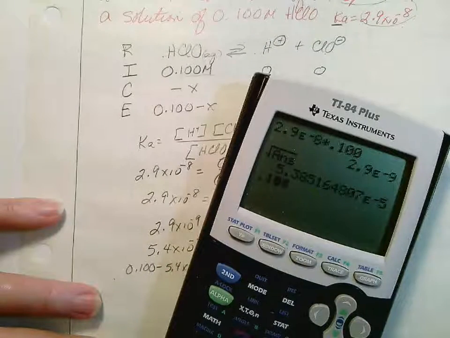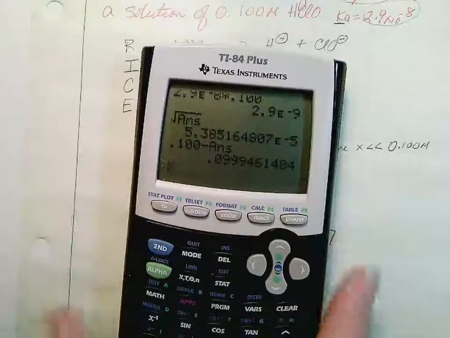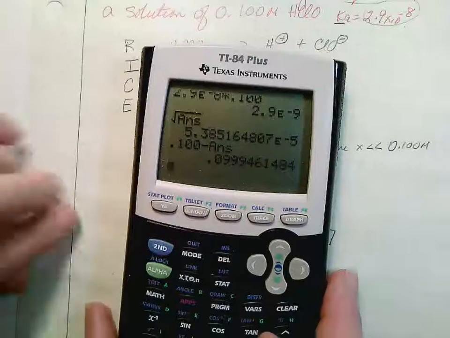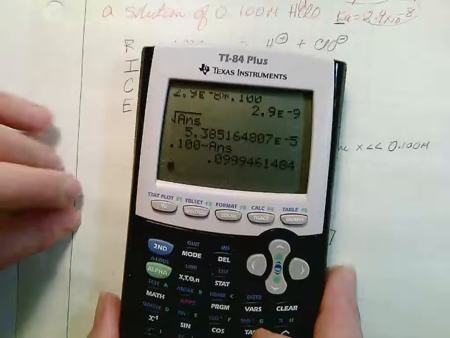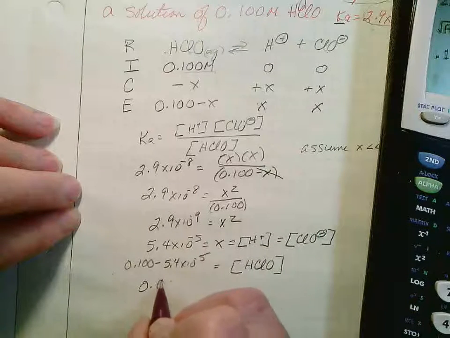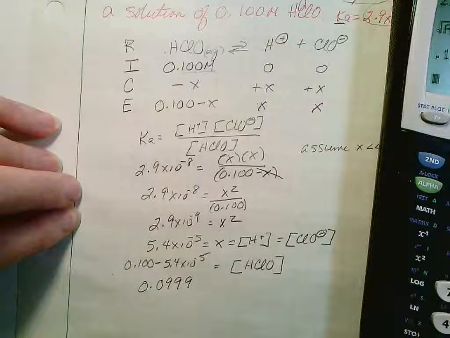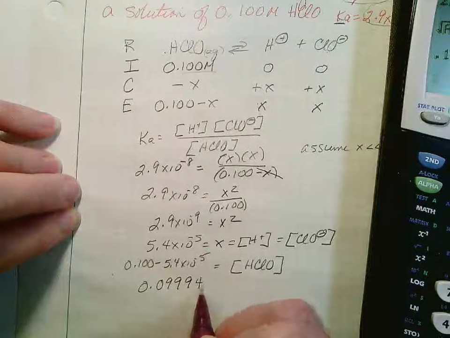So 0.100 minus second answer equals. Now, it looks like this number has changed, doesn't it? Let's write it down and figure out to our significant figures what it is. We get 0.0999. There should be 1, 2, 3 nines and then a 4.